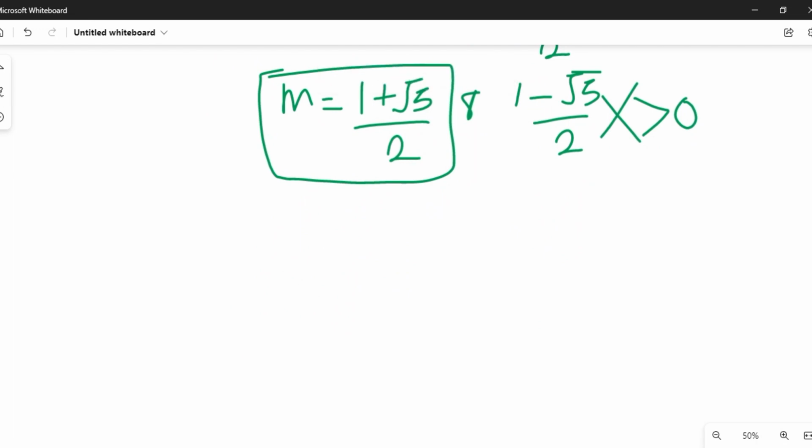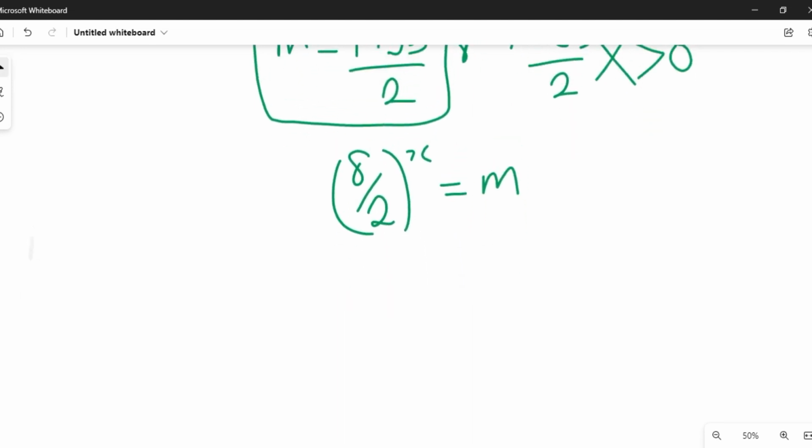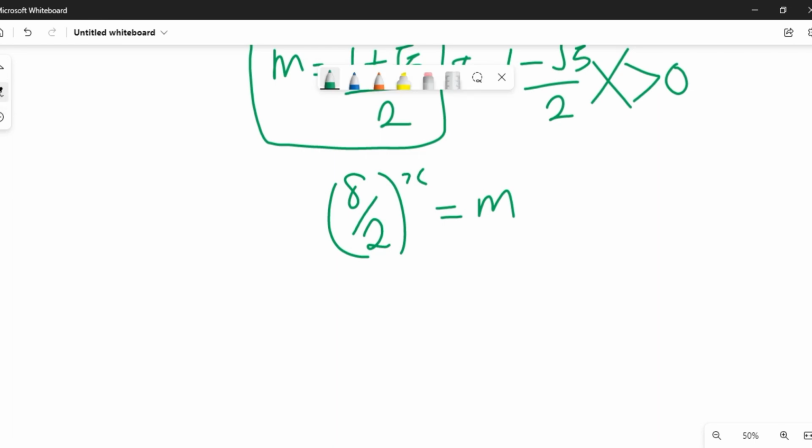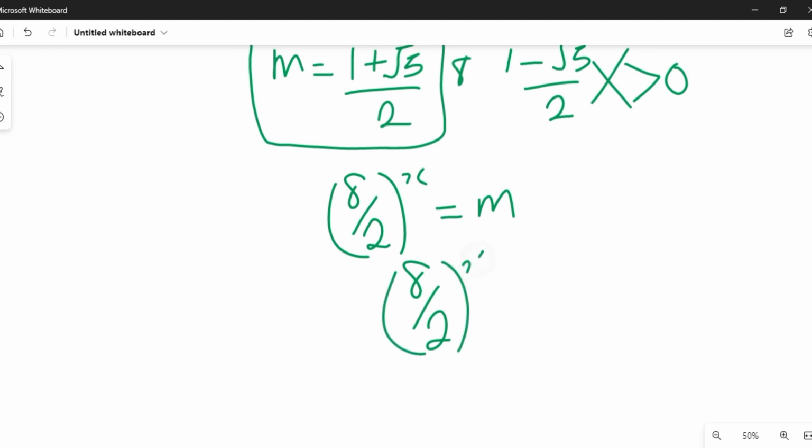So recall that we said (8 over 2)^x is equal to m. So if we use the real solution for m we've gotten, we have (8 over 2)^x equal to (1 plus square root of 5) over 2.